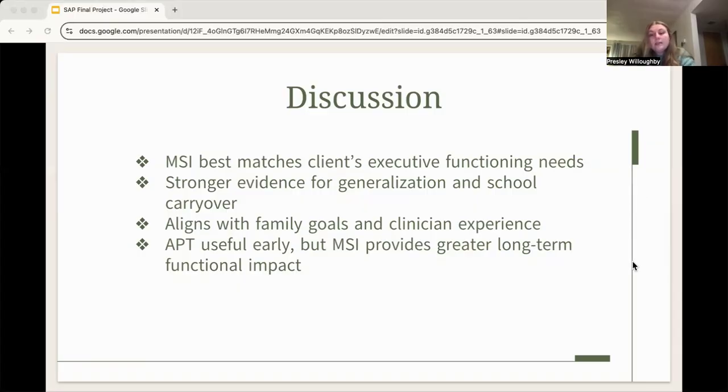Given this patient's needs, MSI more directly targets the outcomes that matter most to him and his family, which is ultimately the most important thing to focus on. APT could still be incorporated as a supplemental approach, but MSI should be the primary focus of intervention, especially as the client prepares for school reentry.